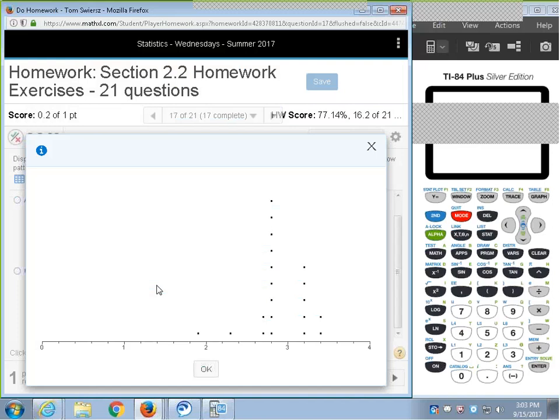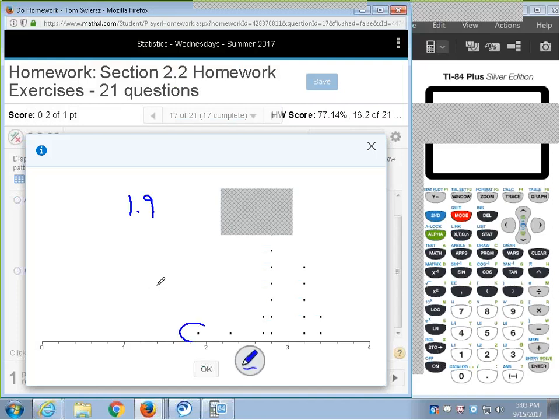Now, choice C, remember we said there was one value at 1.9, right? And there's the one value. It's 1 and then 1, 2, 3, 4, 5 increments. So each increment is 0.2. So that'd be 1.2, 1.4, 1.6, 1.8. So 1.9 would be halfway between.